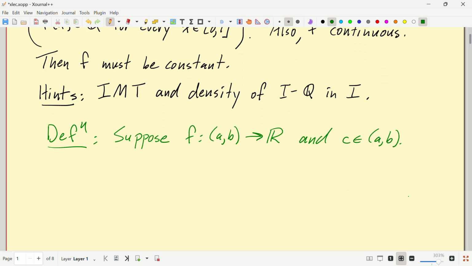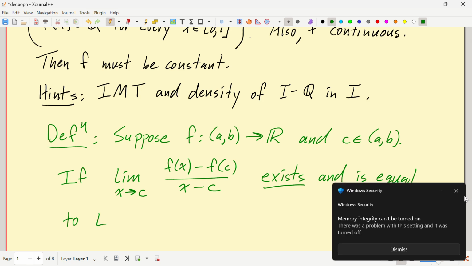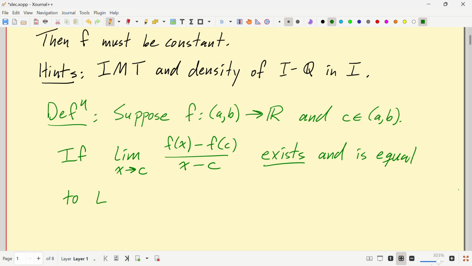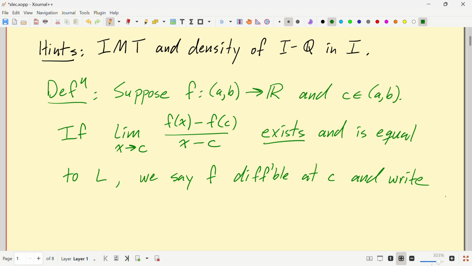Then f has a derivative at c if the limit as x tends to c of (f(x) minus f(c)) over (x minus c) exists and is equal to some limit L. Then we say that f is differentiable at c and its derivative is L. We write f prime of c equals L.